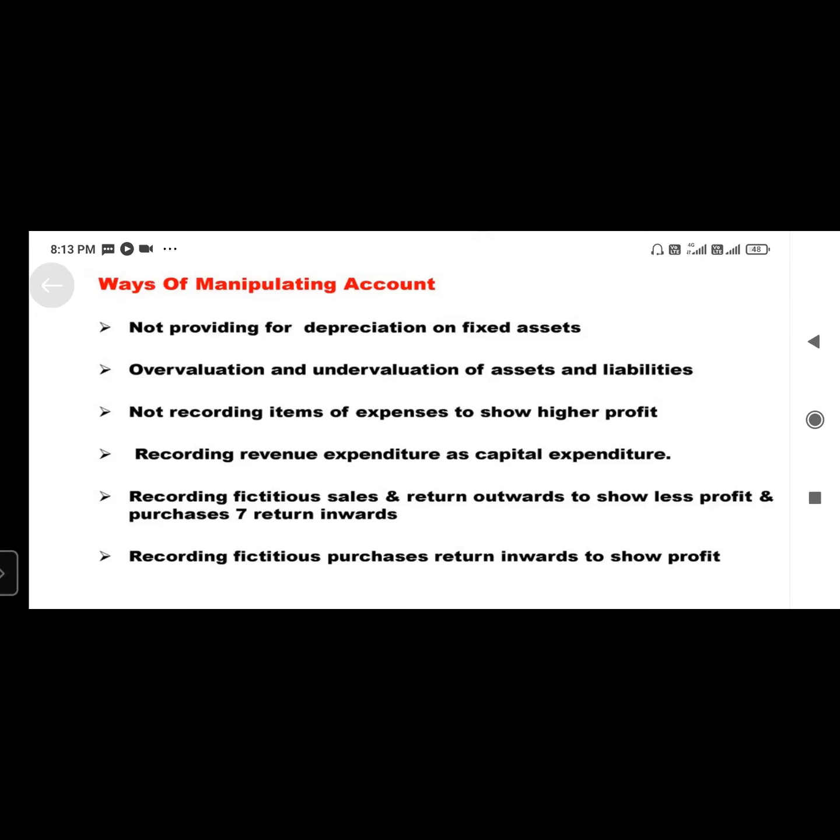Next one, recording revenue expenditure as capital expenditure. This again is the case with many companies, that they are recording their revenue expenditure as capital expenditure.